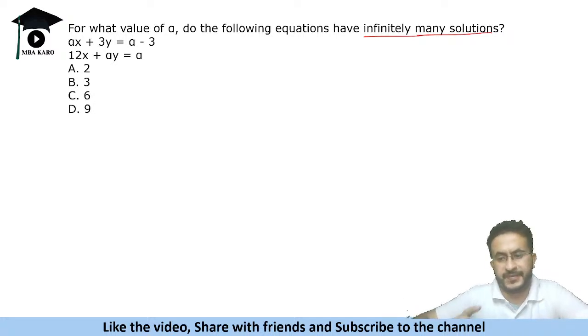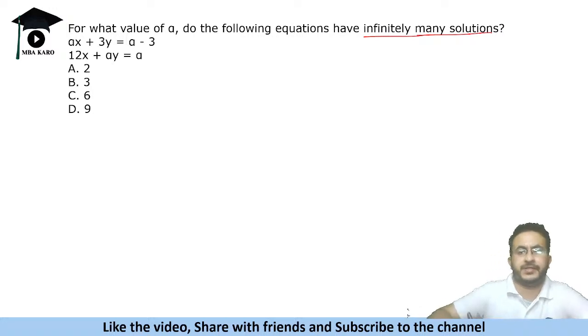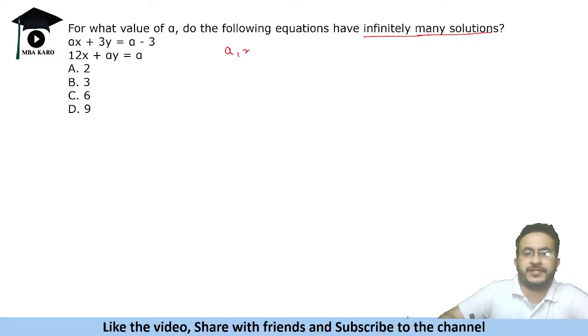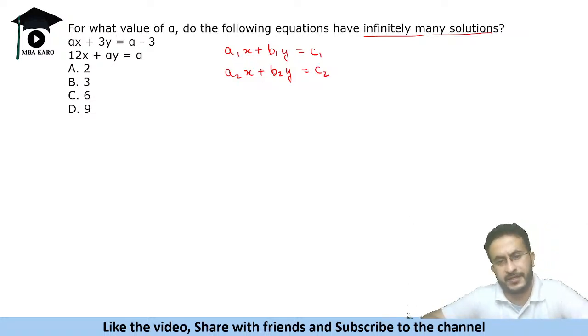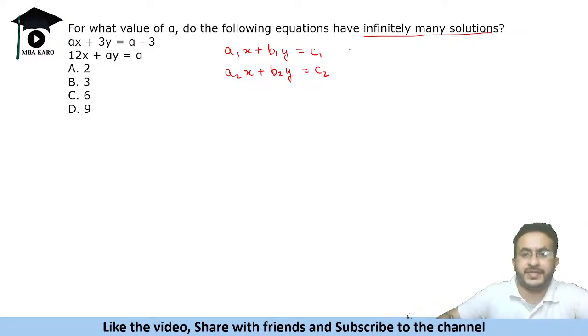So see, if there are two equations of this format, a1x plus b1y equal to c1 and a2x plus b2y equal to c2, where these are coefficients of x and y. Okay, so there are three scenarios.